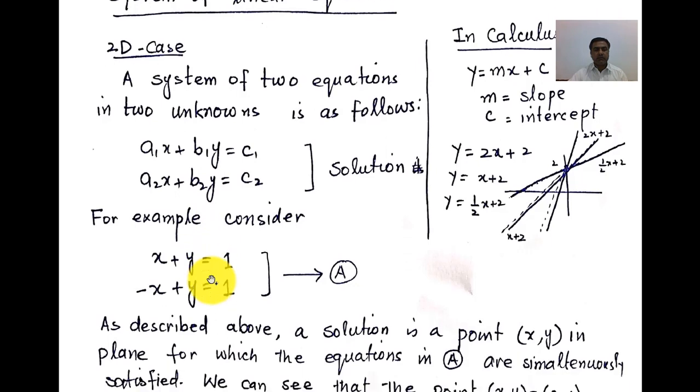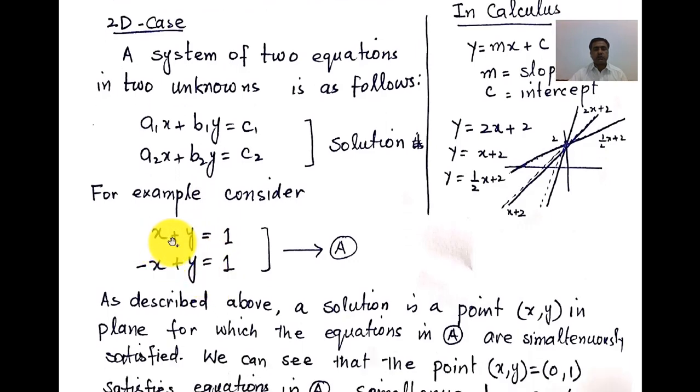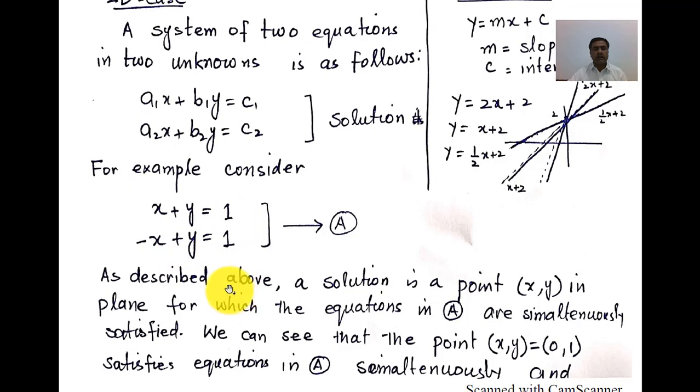As an example, if I consider these two equations forming a system, x plus y equal to 1 and minus x plus y equal to 1, a solution is a point in the plane for which both the equations in A are simultaneously satisfied.